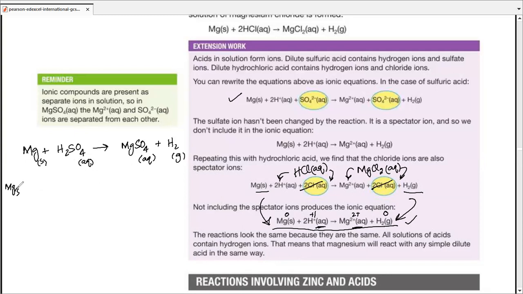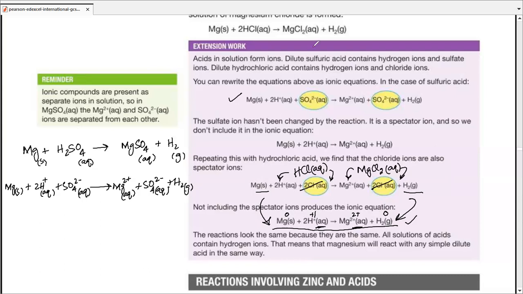So magnesium is a solid plus H positive ions as aqueous plus the sulfate ions as aqueous gives us the magnesium ions as aqueous. Magnesium are positive 2 ions plus sulfate ions, which are also aqueous, plus our hydrogen gas.